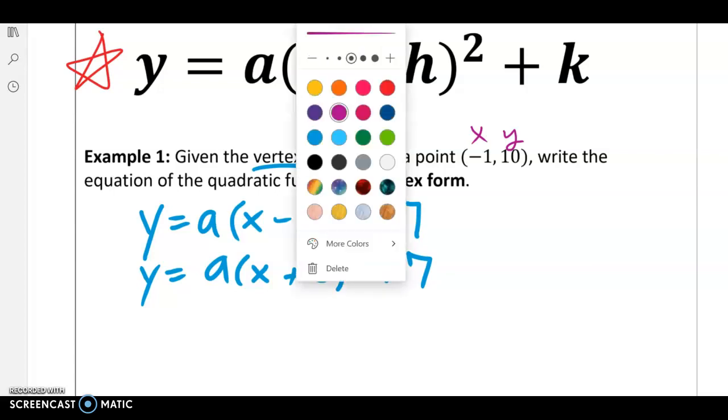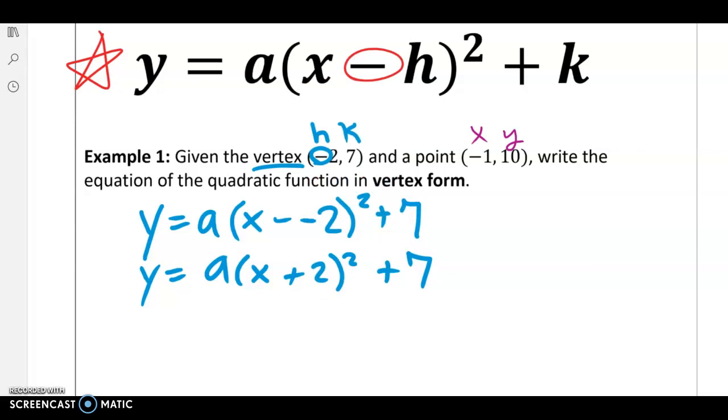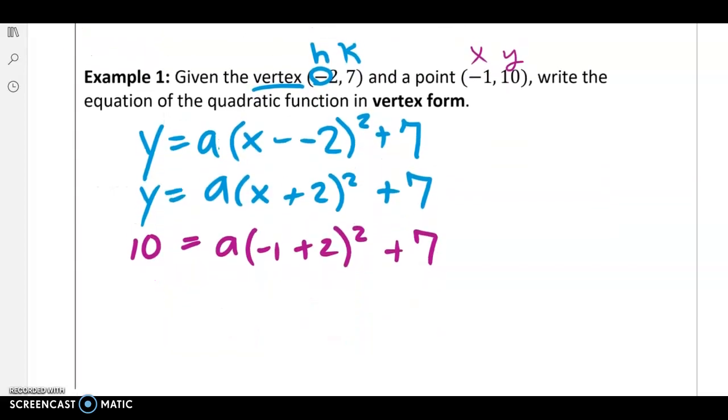So now I'm going to go ahead and plug in the x and the y. So y is 10, x is -1. Now, when you're doing this and you're using your calculator to help you a little bit, you may want to type this part in on your own.